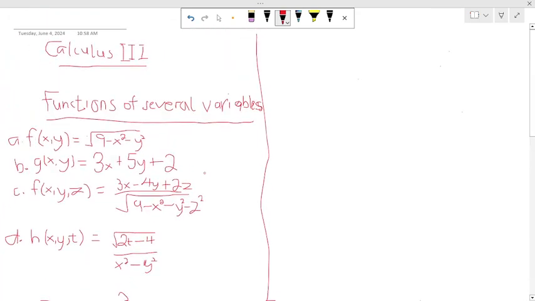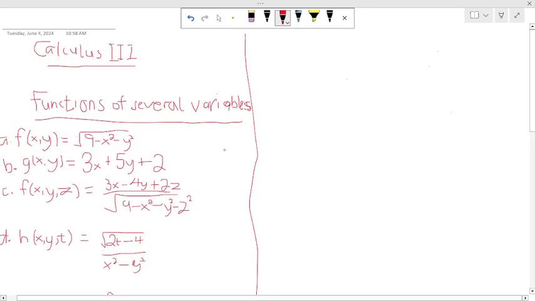Okay, so now having understood the concept of domain, let's move on to the concept of limit. With the concept of limit, as we did in calculus 1 and calculus 2, we are going to apply the same idea in calculus 3.